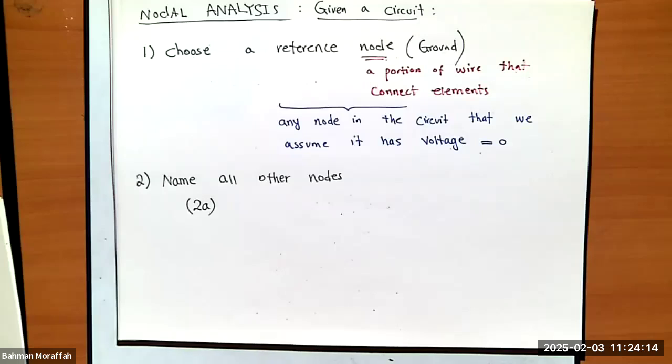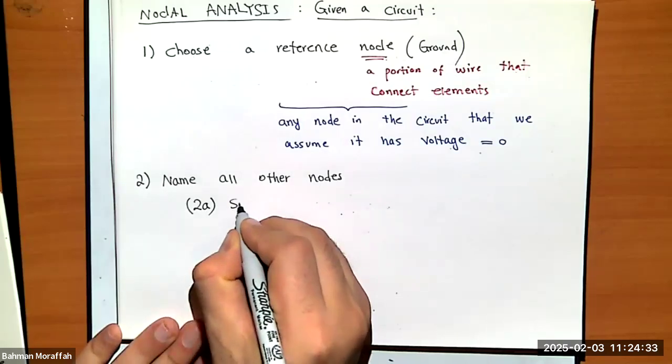Another step is to simplify the circuit. If you see some parallel connection or series connection that is pretty obvious, you can simplify it as long as you're not changing the configuration of your circuit, as long as you're not changing the nodes' names.